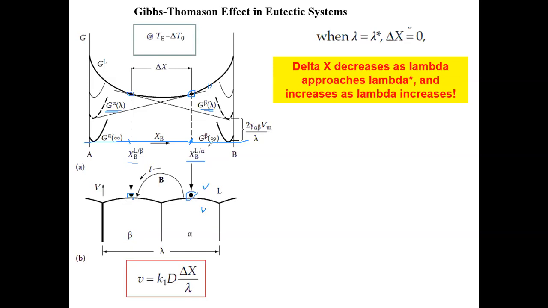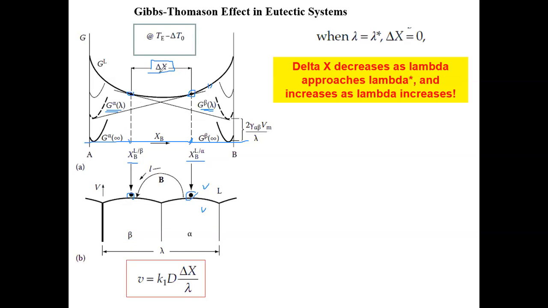And you can clearly see now that the two compositions are quite different, right? They differ by this delta X. But one important thing that we need to realize is what happens if we change lambda.